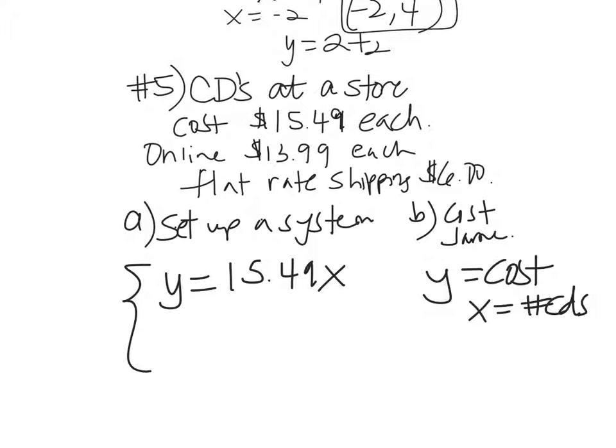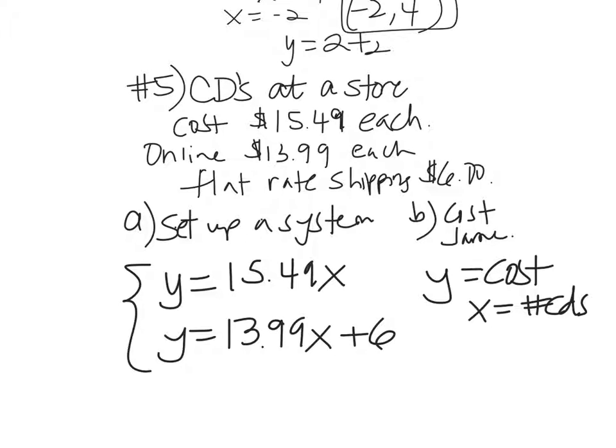So Y equals 15.49X. That makes sense, right? The other cost, which we'll call Y, is $13.99 per CD per X. But then what? Plus 6. Very good. Plus 6. Okay? So this is situation number 1, this is situation number 2.